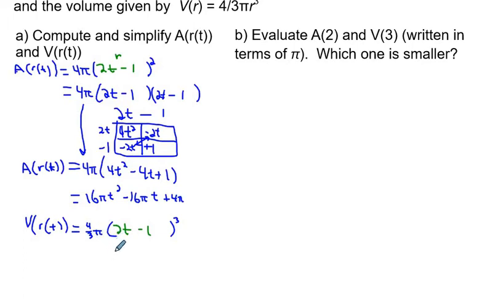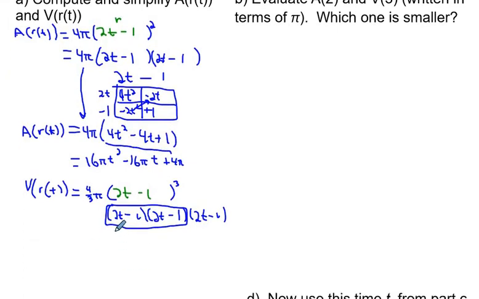So we would have to actually write this out, 2t minus 1 times 2t minus 1 times another 2t minus 1. But conveniently for us, we already know what 2 of them are. We already know what this is, because that is right here.